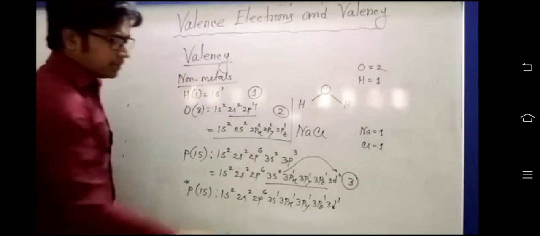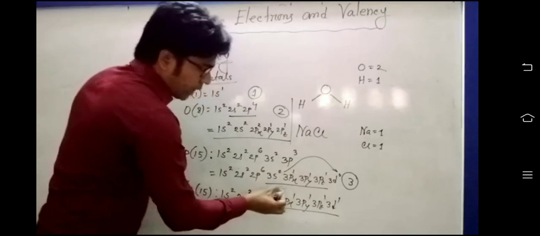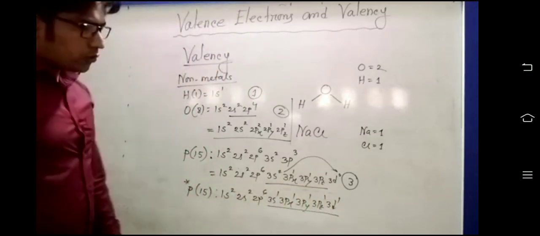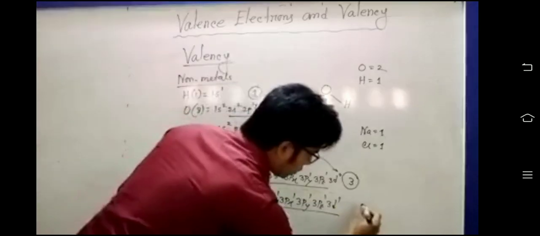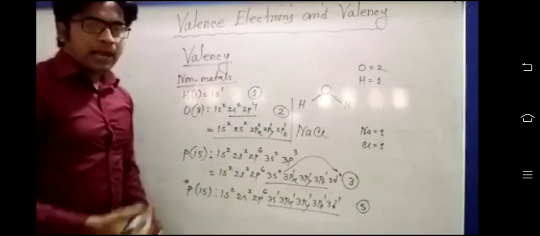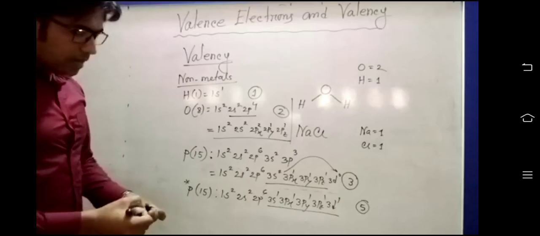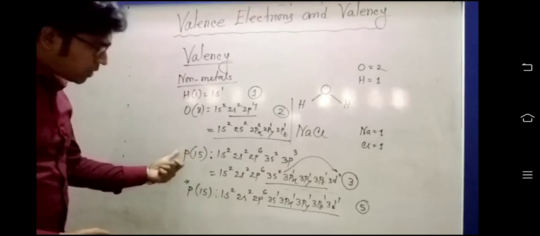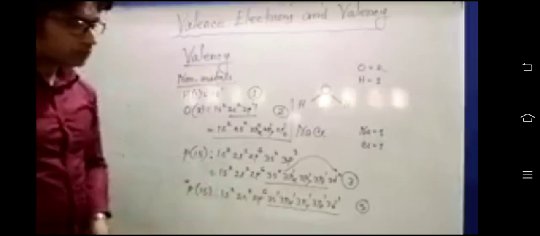Now look, here is 1, 2, 3, 4, 5. Total 5 odd electrons. So 5 odd electrons, and the valency is 5. In this way, we can get both valencies of phosphorus, 3 and 5.